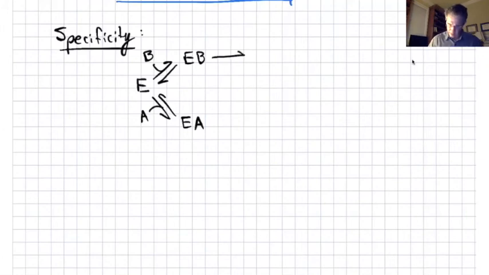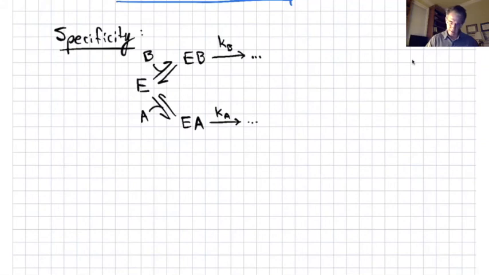Then we'd have a rate constant K sub B, the equivalent of the kcat for substrate B, and a K sub A, which would be the kcat for substrate A.